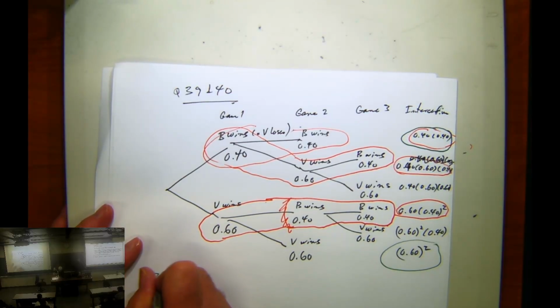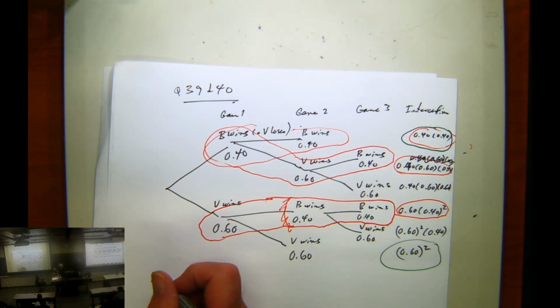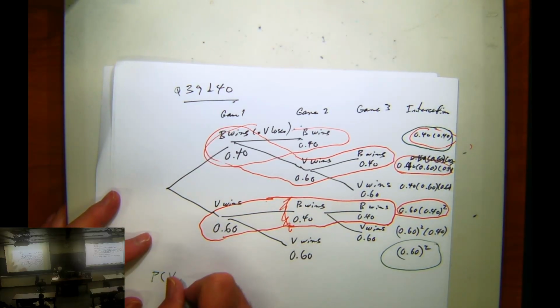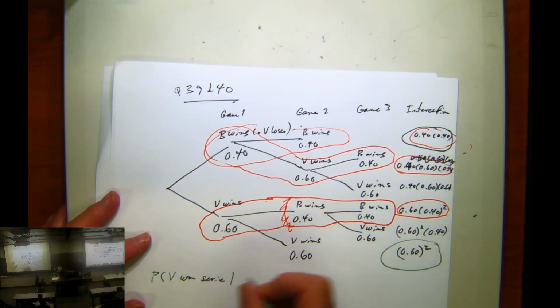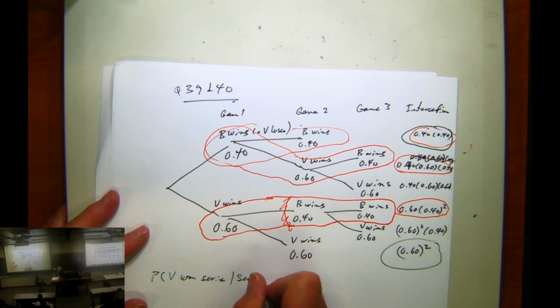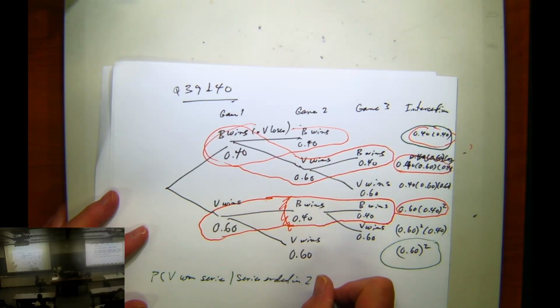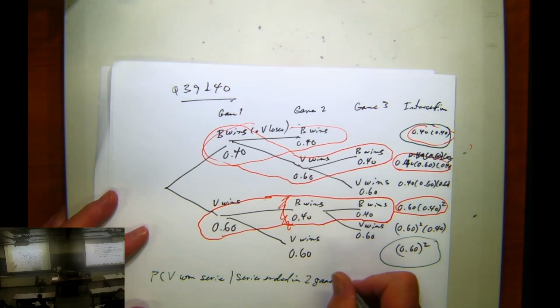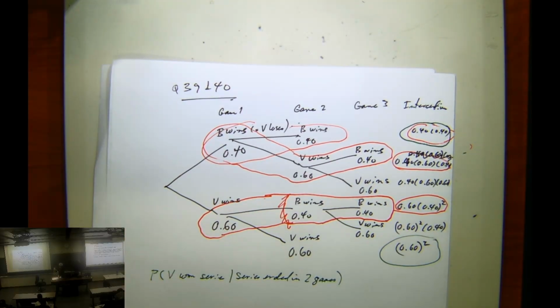And so if we're looking for the probability, let's just kind of take a look. Veronica won series, given series ended in 2 games. And we could attach things like A's and B's to these events if we wanted to do that, but we'll kind of just go there.